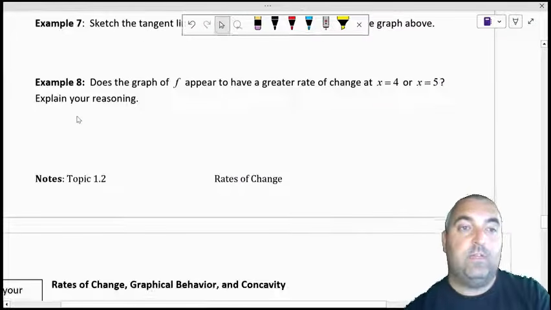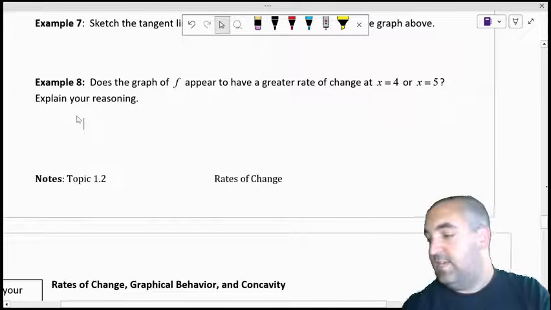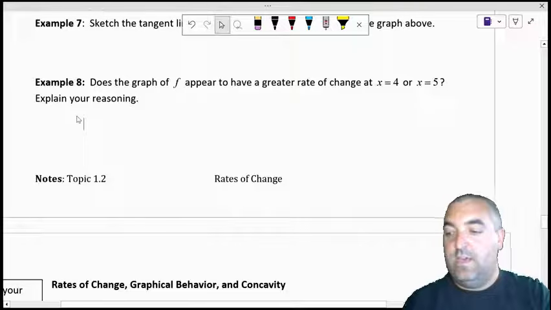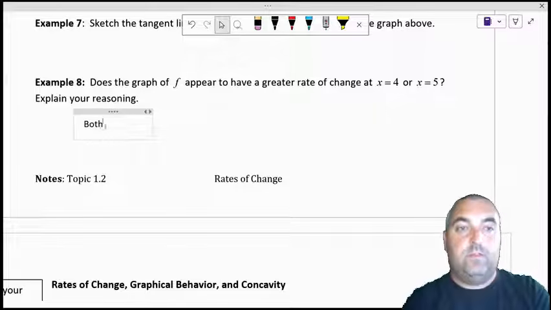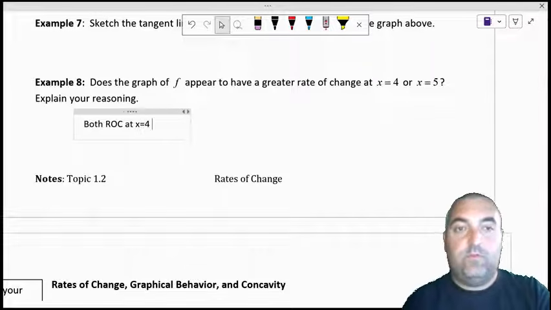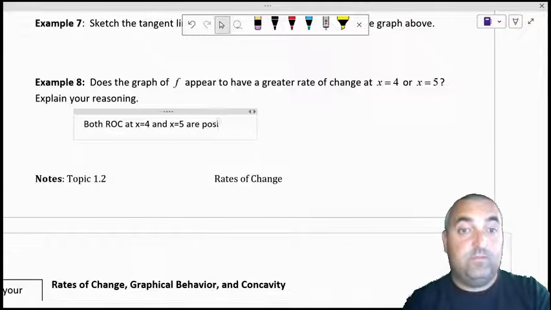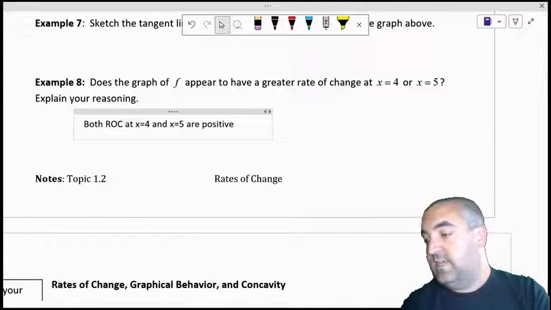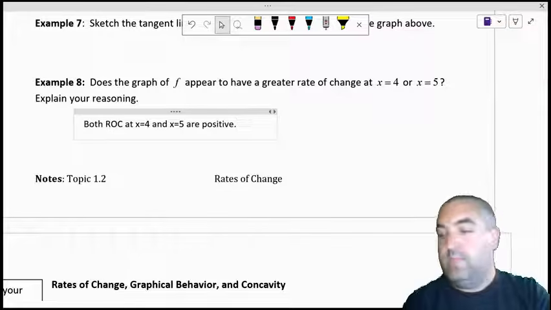So I'm going to go ahead and type this out so you don't have to read my handwriting. Both rates of change at x equals 4 and x equals 5 are positive. That's very important because if one was negative and one was positive, it would be different.